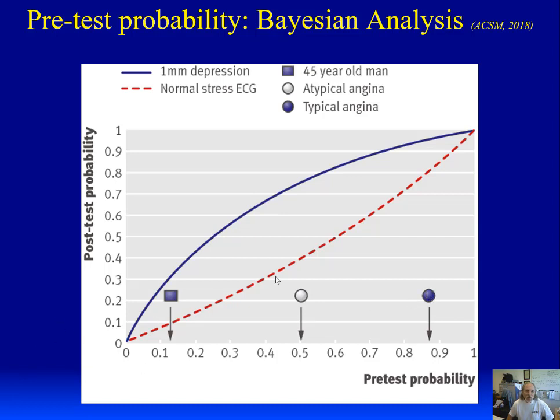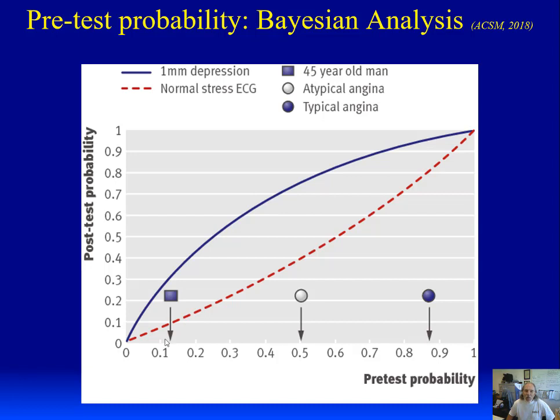If we take that age with that risk, you can see that a 45-year-old with no angina, etc., has only a 10%. This is all estimated, but you get it in principle. But notice now if that person has typical angina, their pre-test probability goes up to over 80%.